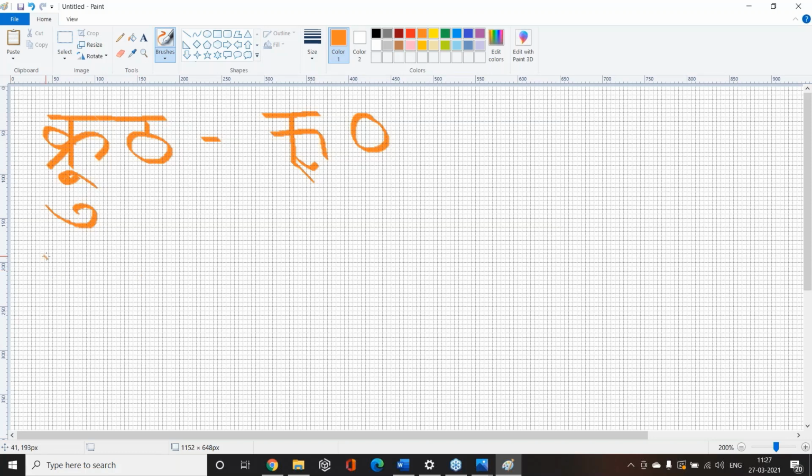Another one, yes, Nidhi has suggested fruit, although it's not a correct word, but just to show you the formation.